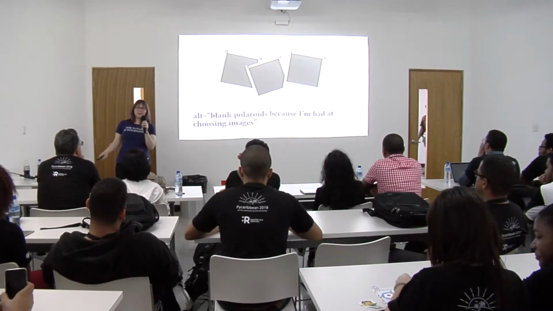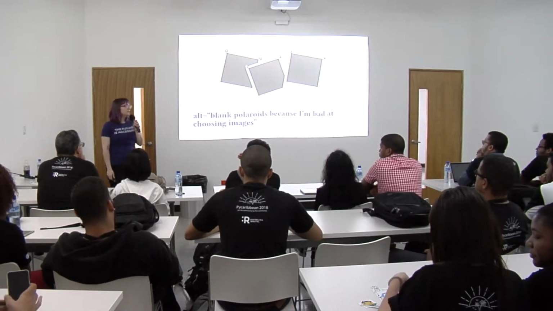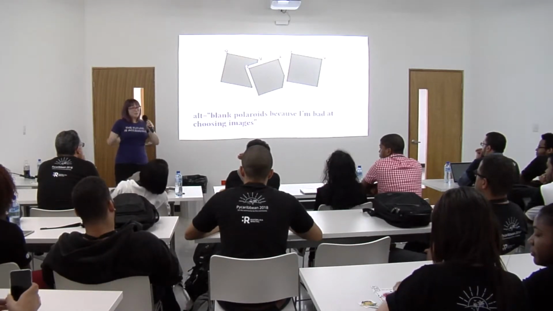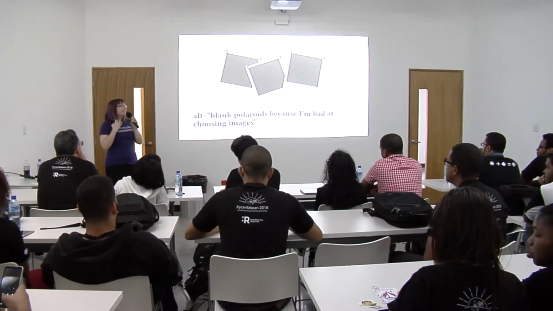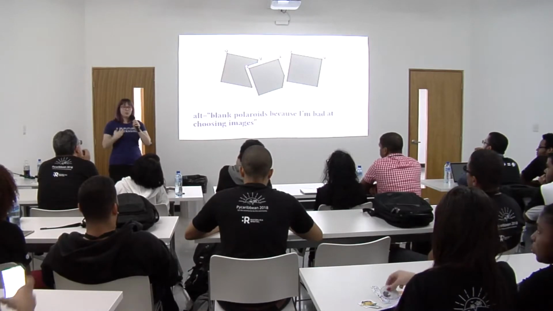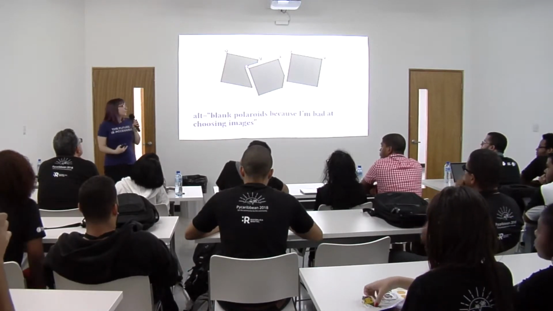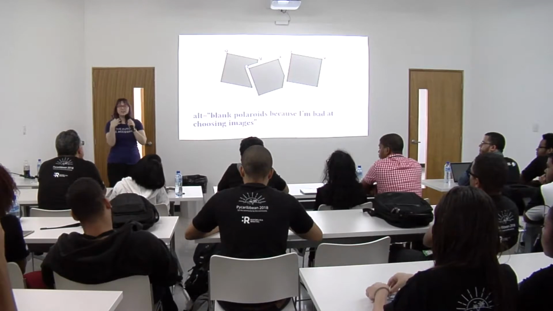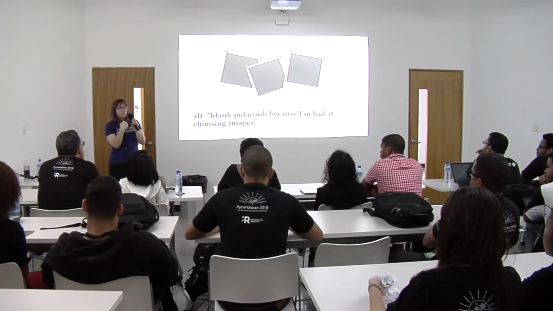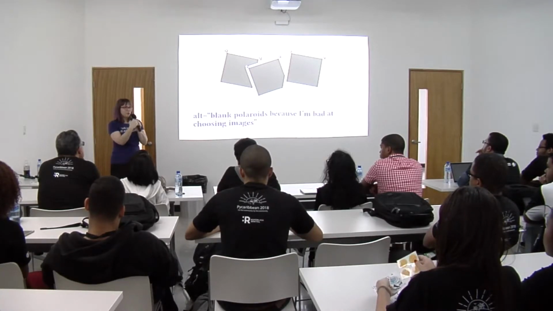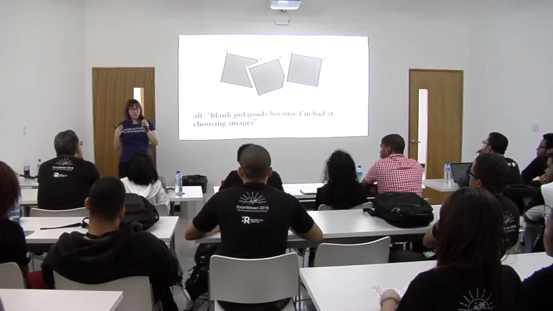There's also alt text. This is the thing you see if an image breaks and a description's there. And it's also something that screen readers will read out to people for images. So if you always add that to your images, it will automatically make it easier for people to understand what they're on.